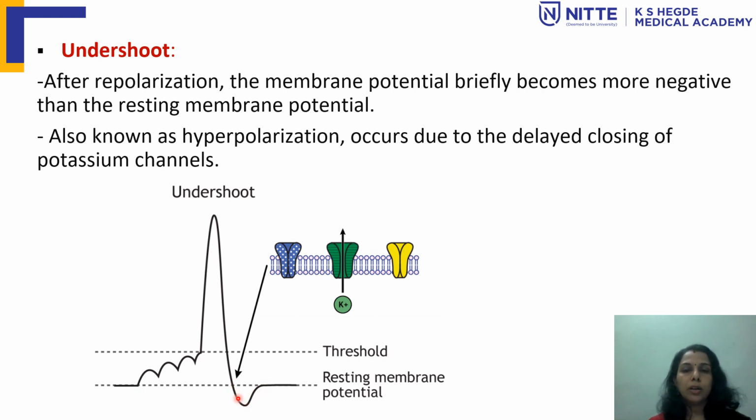Why? This is because of the delayed closing of the potassium channels. This is what we call hyperpolarization, a stage of hyperpolarization. This is because of the delayed closing of potassium channels. Otherwise we call it undershoot. Okay, so after repolarization, there will be hyperpolarization.